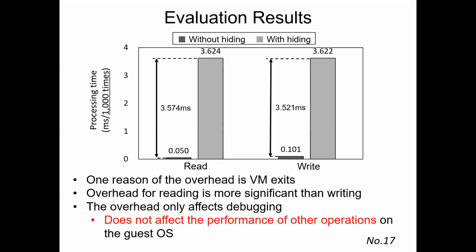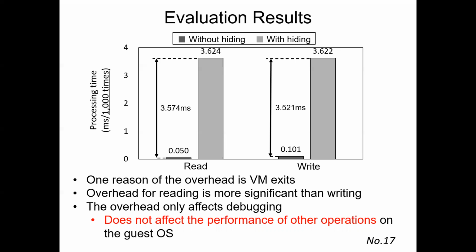The figure shows the performance for reading or writing of debug registers 1,000 times. The left side shows the performance of read and the right side shows that of write. The black bar is the time without the proposed method and the gray bar is the time with the proposed method. The overhead incurred by our method is about 3.574 milliseconds for reading and 3.571 milliseconds for writing.